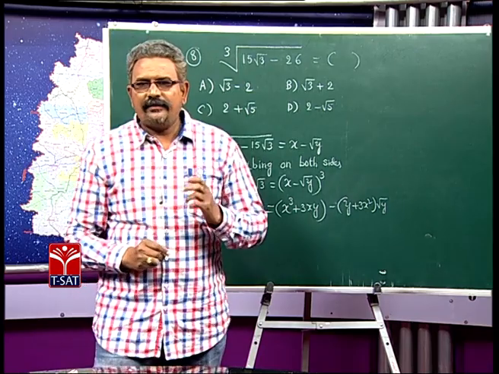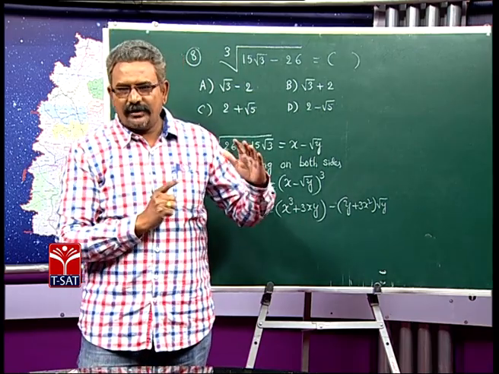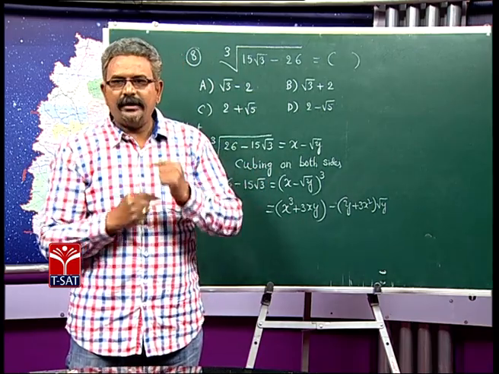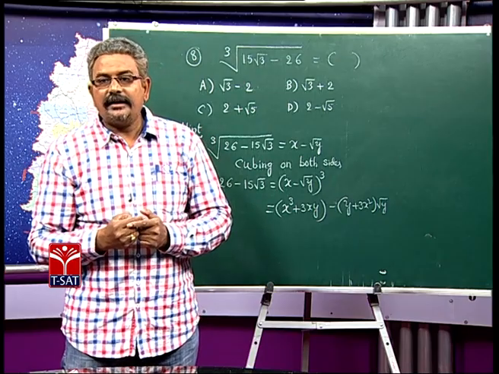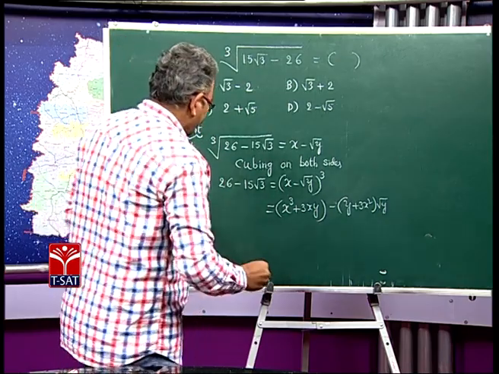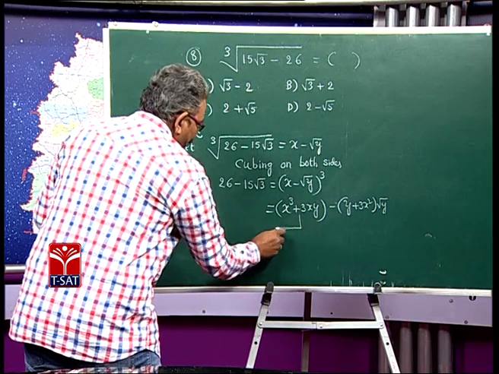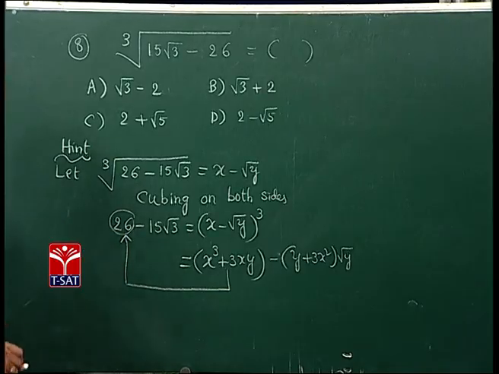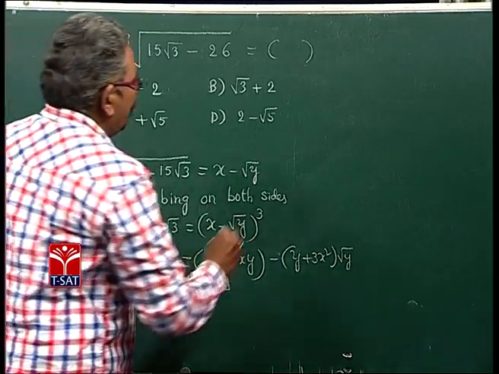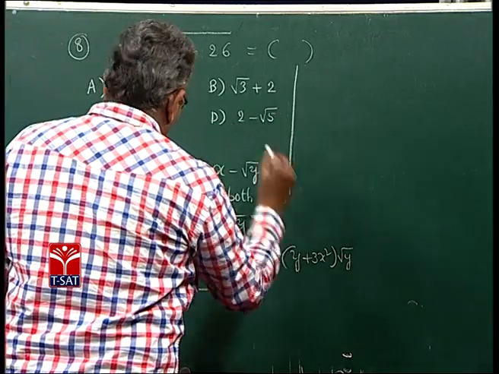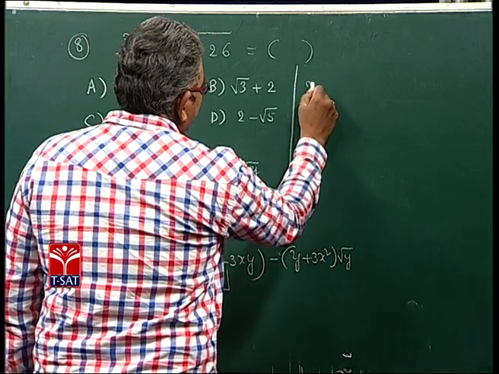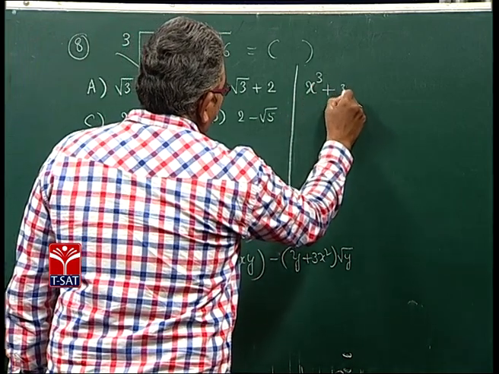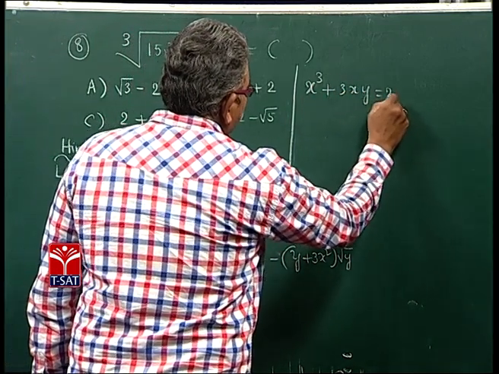So for the sake of cube roots, always look for only to compare the rational terms. So that means this rational term is compared to this rational term 26. Now let us see what do we get. X cube plus 3xy is equal to 26.